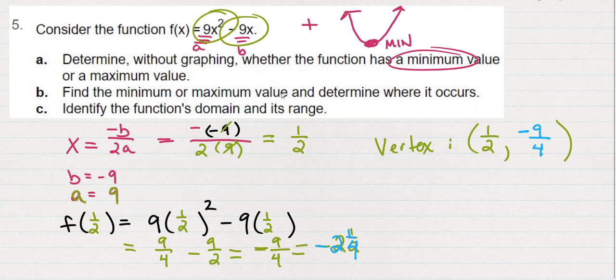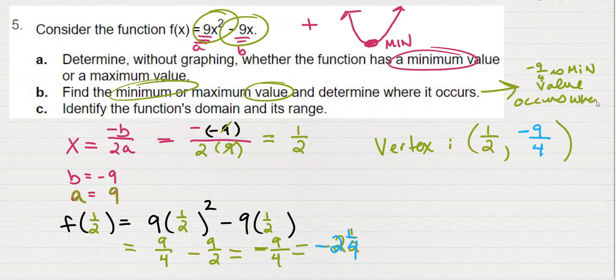So the minimum value is going to be negative 9/4. And it occurs when x is 1/2. Now I can identify the domain and the range. For a polynomial, the domain is all real numbers.